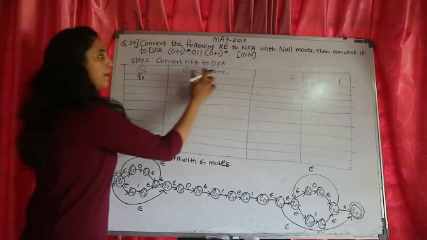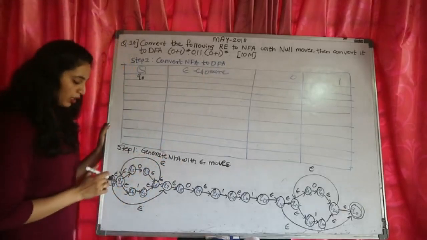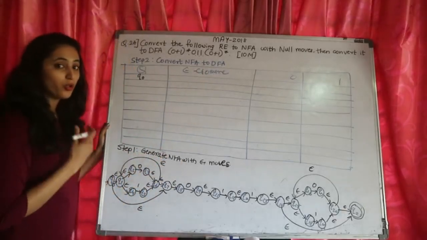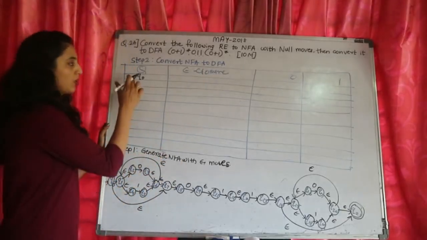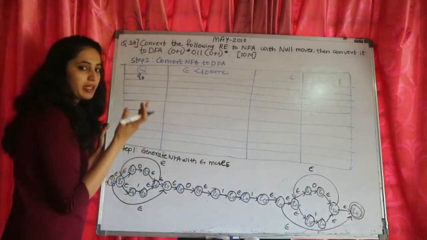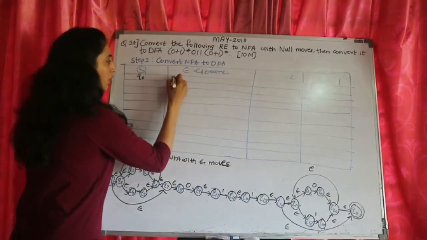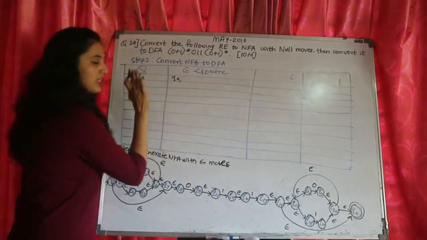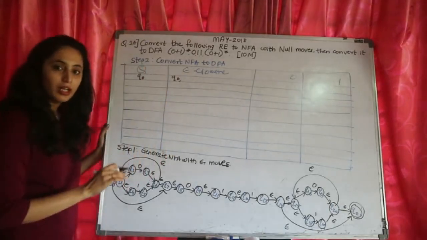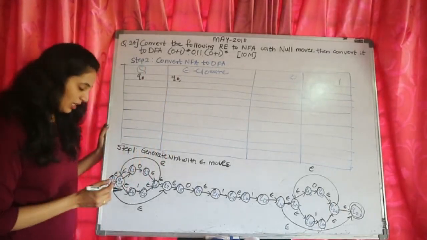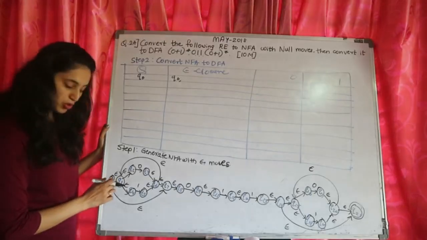Now we have to write down epsilon closure. Q0 on epsilon goes to which states? That we need to write here. That state itself will always come there. So Q0 will come. Q0 on epsilon goes where else? Let's see here. On epsilon it goes to Q1.